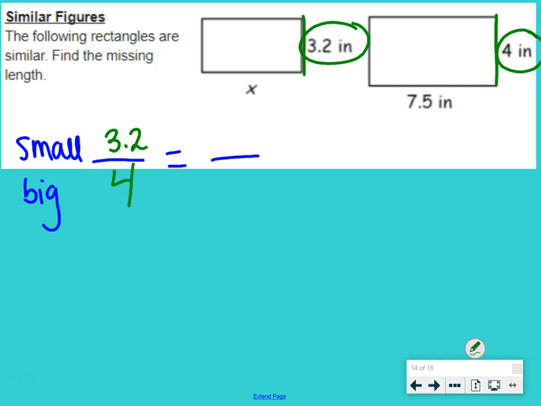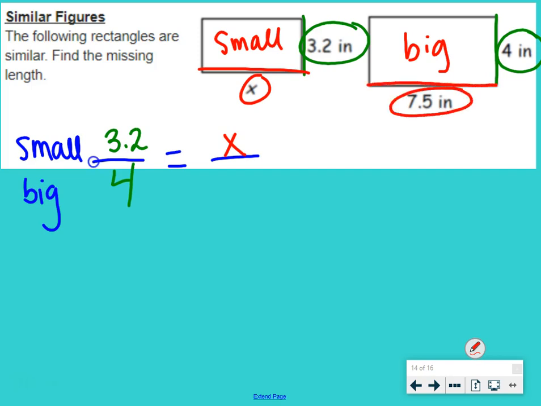So we have 3.2 over 4 equals the other dimension on our small rectangle. This would be the small rectangle because it's smaller than the big, is x. We have x unknown. And in relation to that is 7.5. And then it's a proportion, so we can solve by cross multiplying.